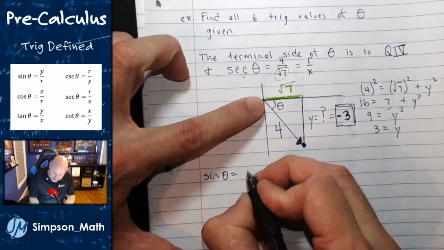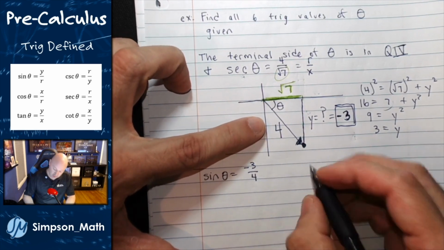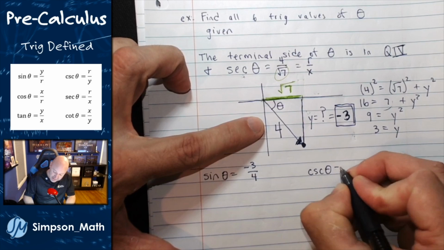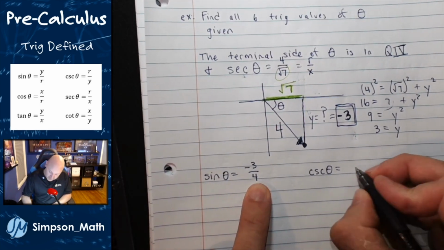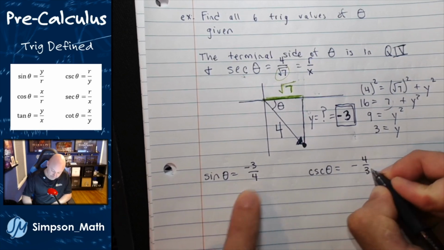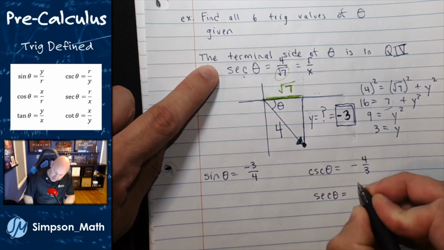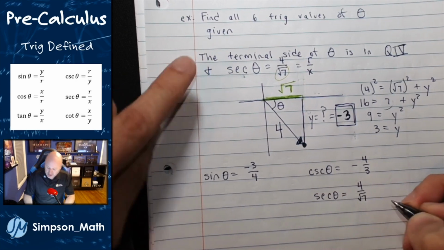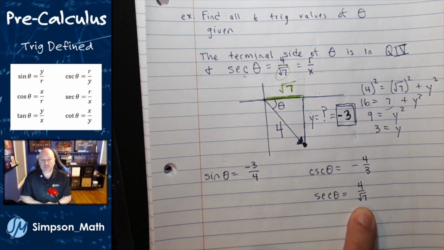Sine of theta is defined as the y value over the radius. Cosecant I have memorized as the reciprocal of sine. So if I know sine, I just have to flip this over as negative 4/3. Secant was actually given to us as 4 over root 7. Ooh, but I'm not really happy with that. In this course, I'm going to ask you to rationalize all denominators. So I don't like this radical being in the denominator.